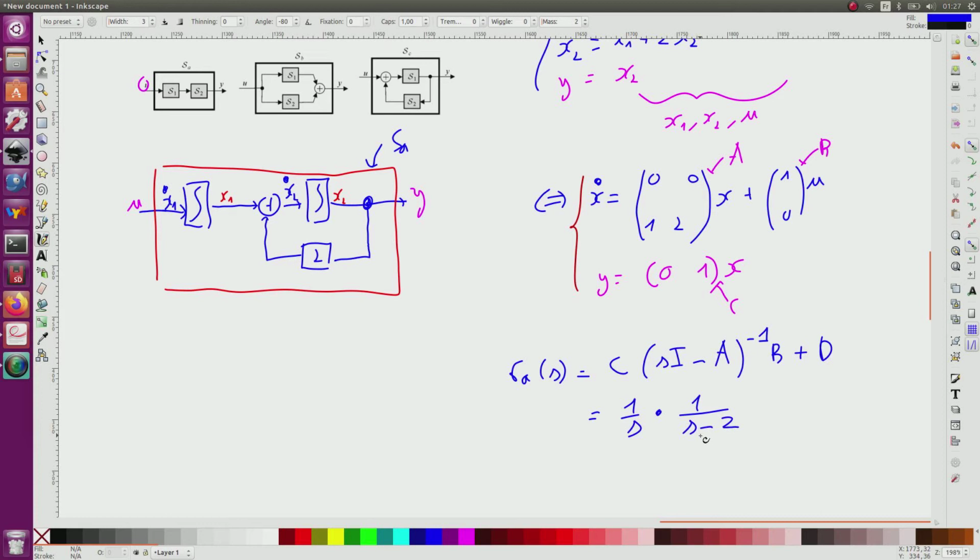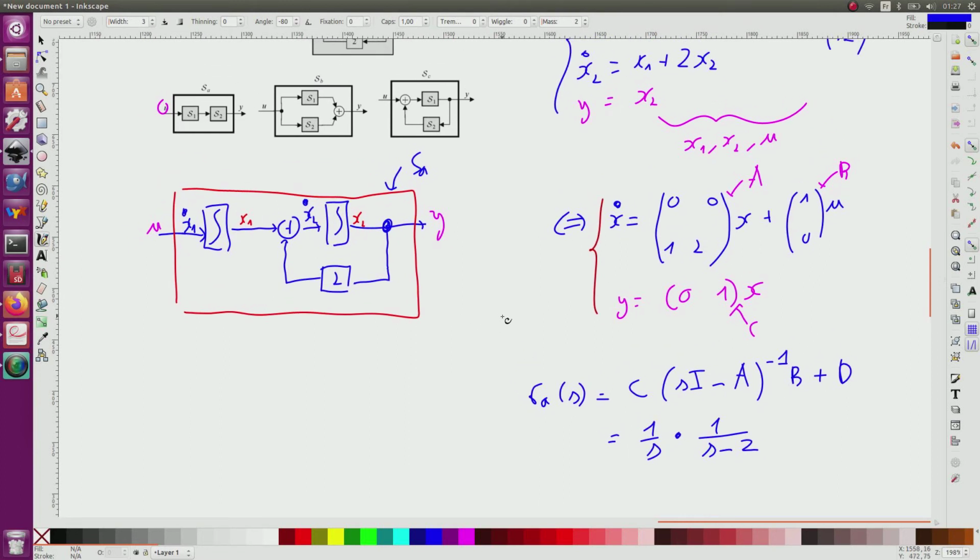I will not do the computation here because this formula is quite useful if we have symbolic calculus, but it is not the case here. It is better to compute directly from the diagram.